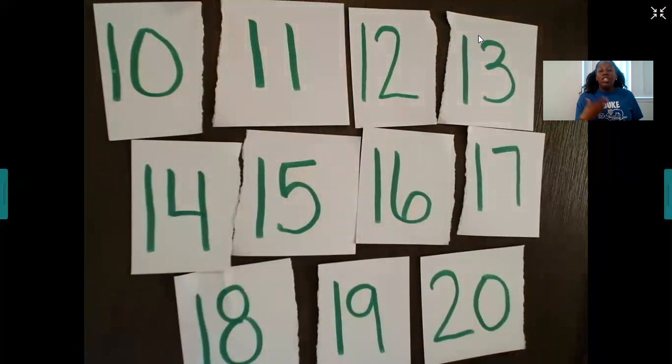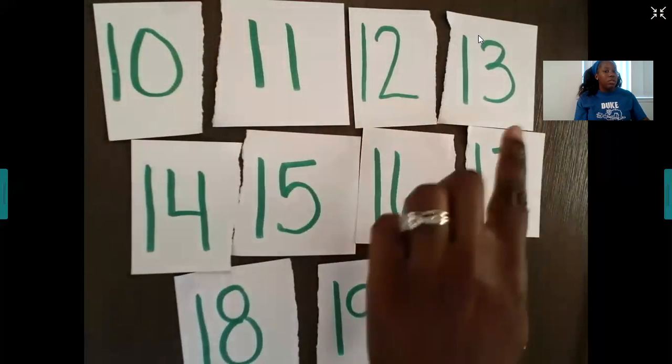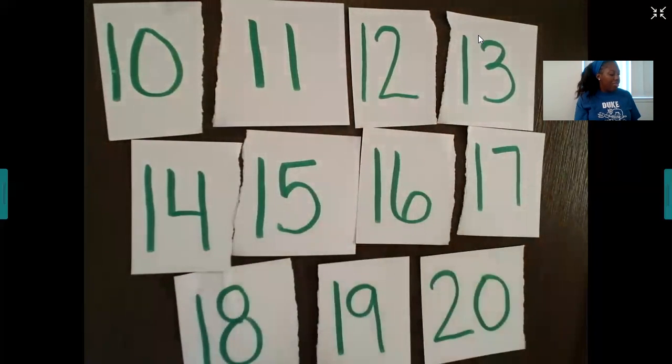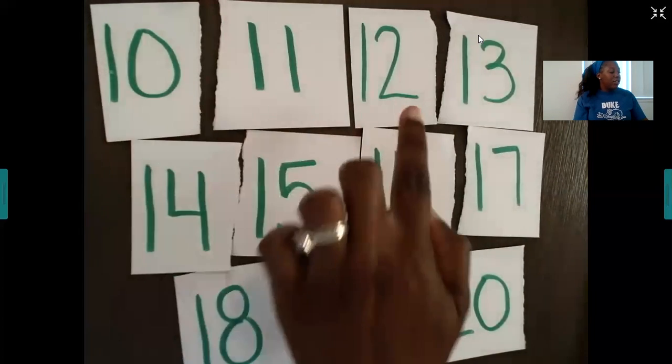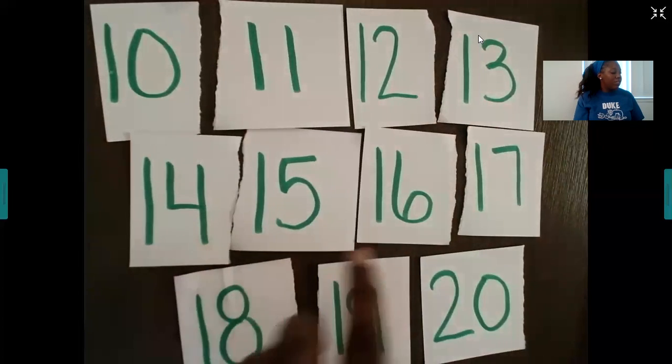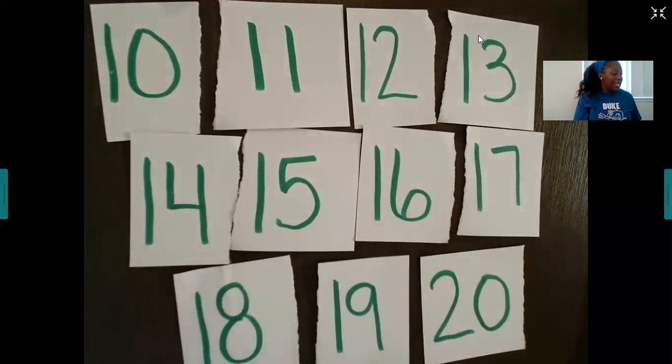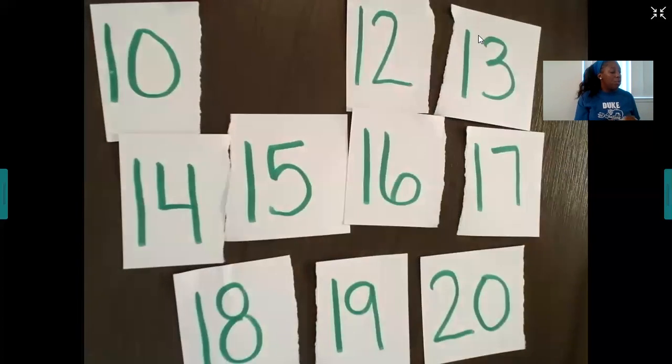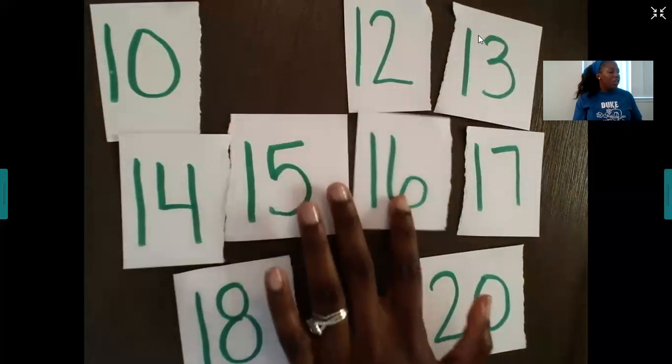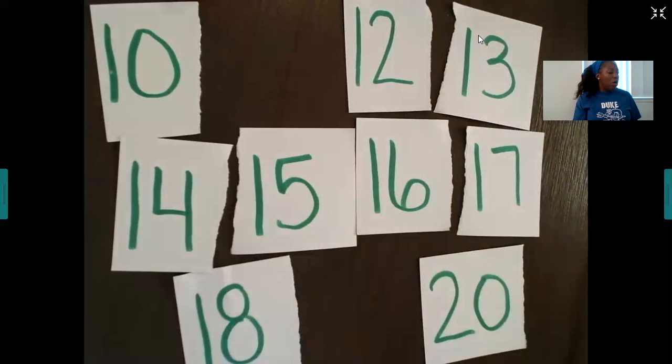I want you to just practice counting your numbers, looking at the order that they're in, making sure that you know it very well. 10, 11, 12, 13, 14, 15, 16, 17, 18, 19, 20. If I pull a number, do you automatically know what's missing? What numbers did I just take away?